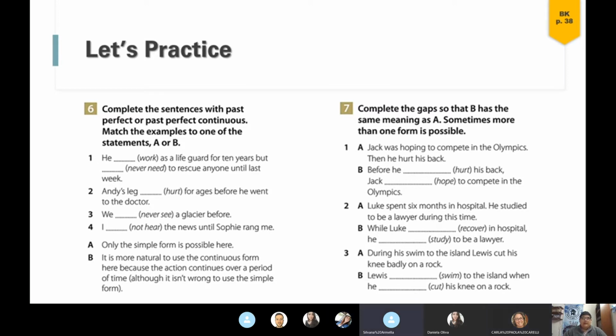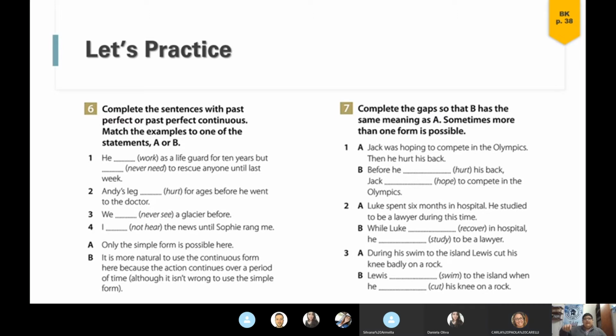He as a lifeguard for 10 years, but to rescue anyone until last week. He had been working as a lifeguard for 10 years, but never needed to rescue anyone until last week.